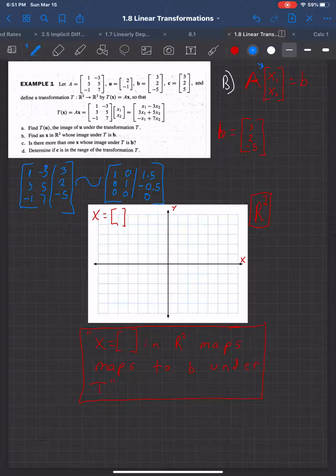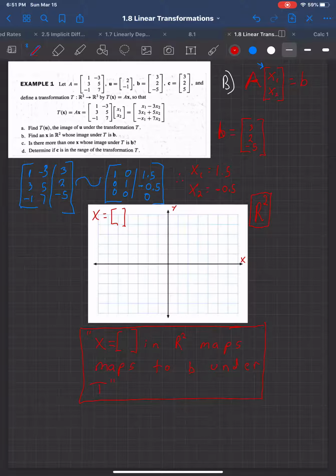Sometimes I can't quite read my handwriting. So what did we just figure out? We figured out that x sub 1 is equal to 1.5, and x sub 2 is equal to negative 0.5.